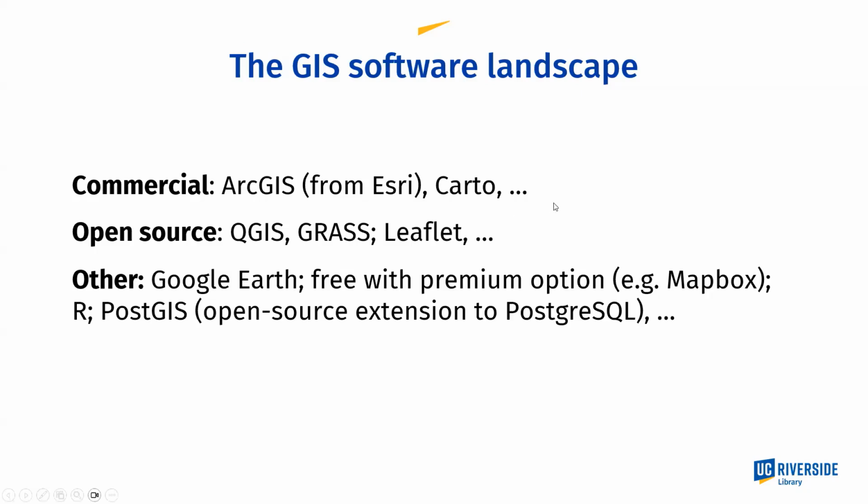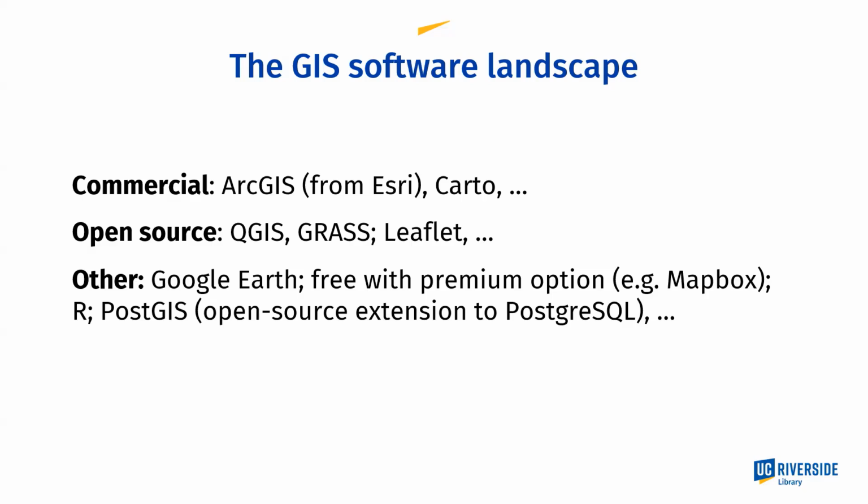As I mentioned earlier, Esri is a company that creates ArcGIS software. We'll talk about that more in just a minute, but it is very powerful software, but you generally do need to have a license set up so that you can use it. Carto is another example of a company that provides GIS software for a fee.